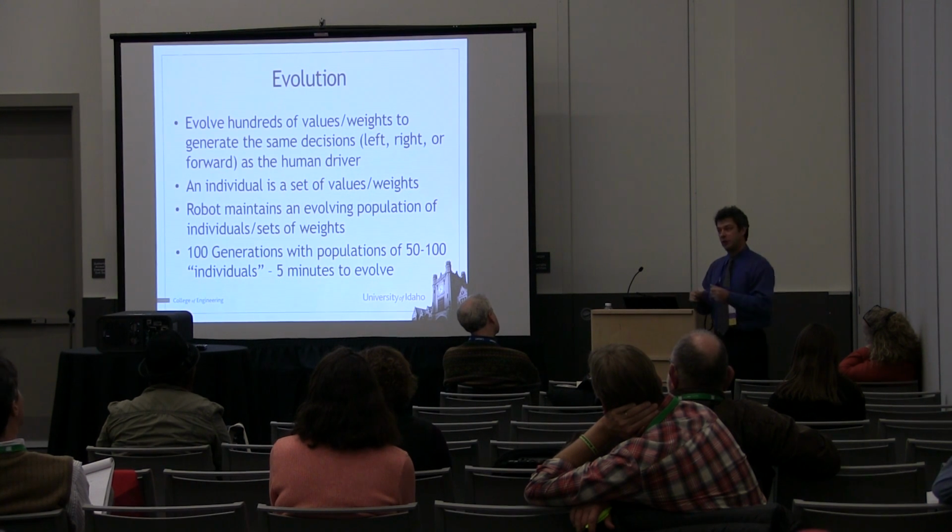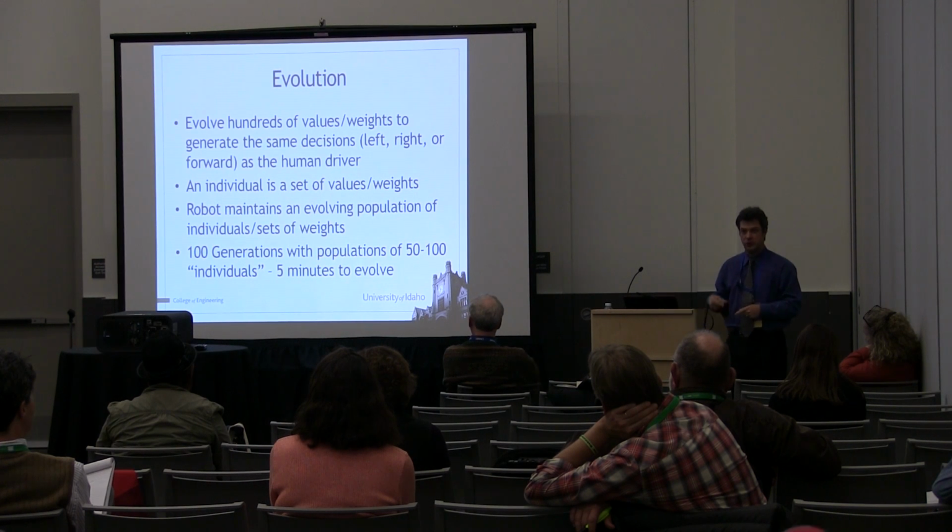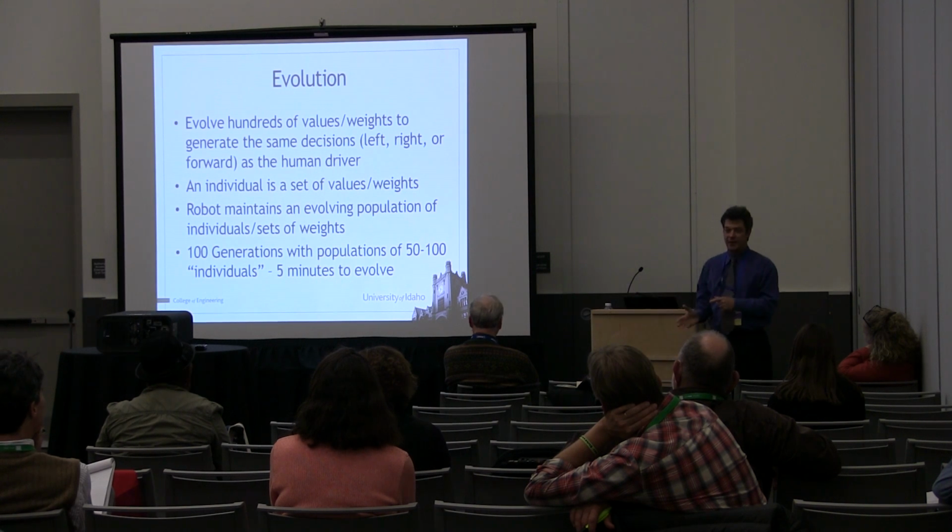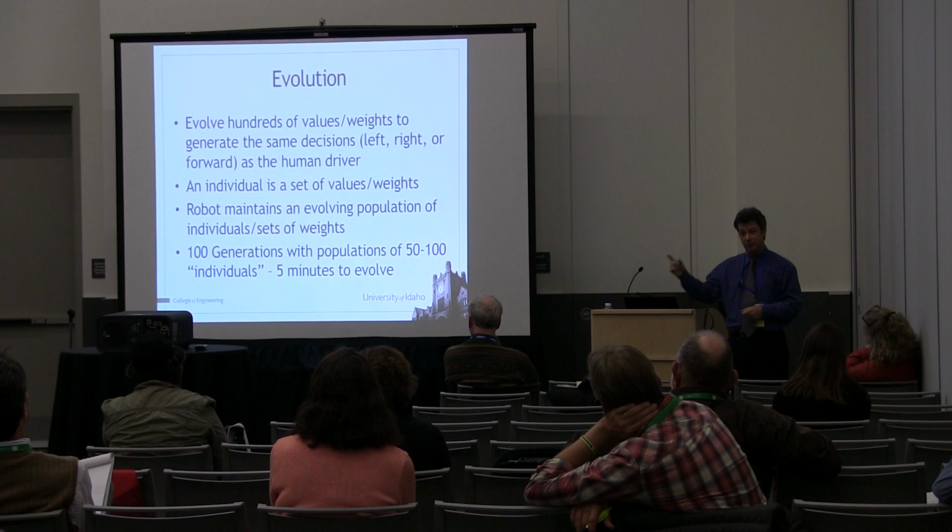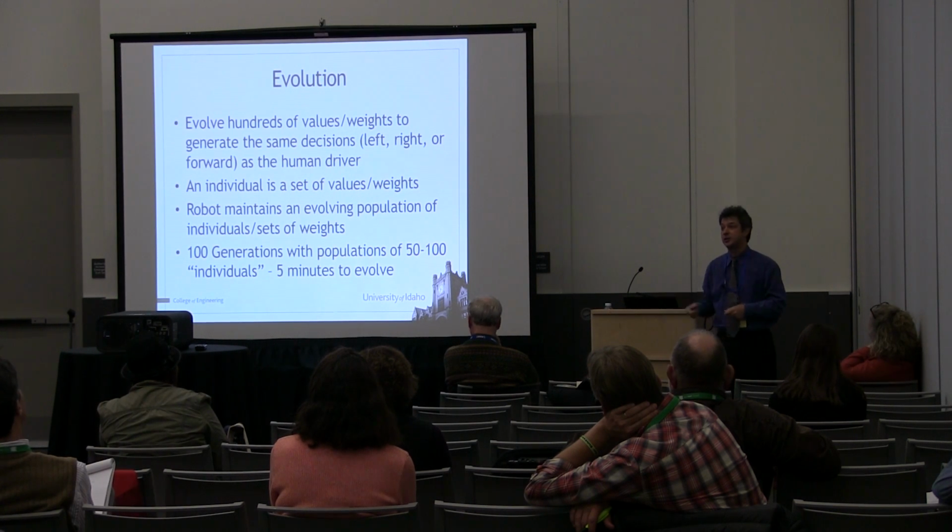So if you're driving the robot for 5 minutes, showing it how to go, it almost immediately starts the evolutionary process. And so 5 minutes for us is not all that long, but sort of in computer time, we can generally do about 100 generations of these generational cycles.